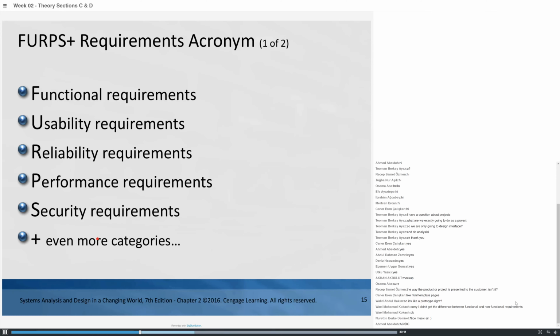Also, reliability. You can set some requirements, and you can say that the system should be up 99% or 90% of a day. You can define such reliability requirements.